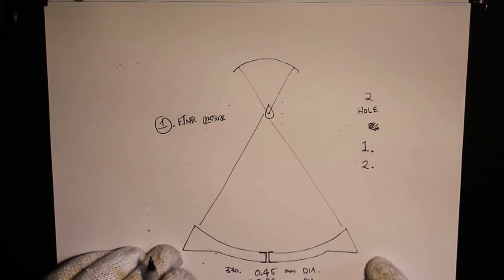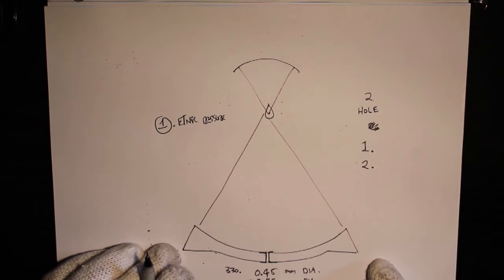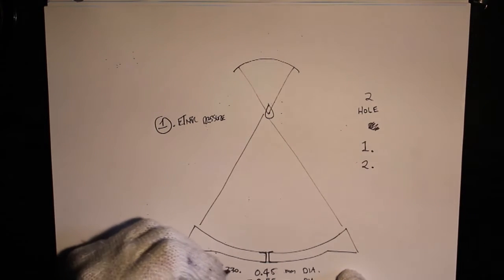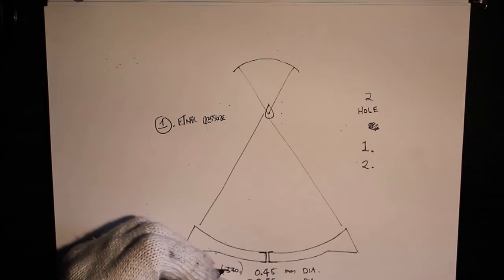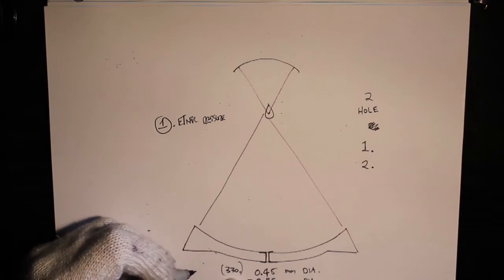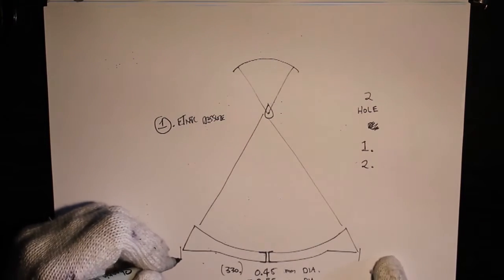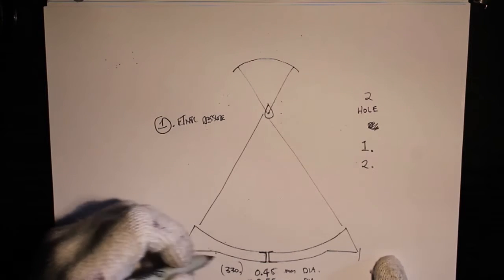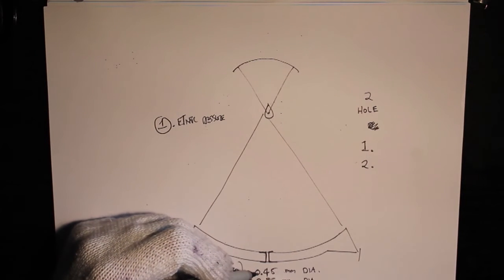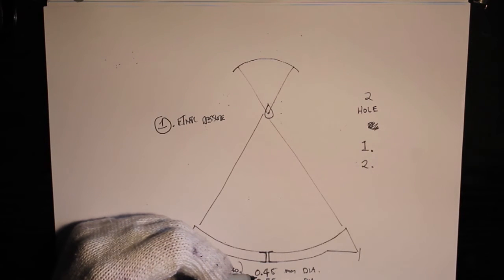So the hole's really small. Keep in mind that at a 330 millimeter diameter base, where the disc will be 165 millimeters in diameter, I think, the optimum working range for the hole is between 0.45 millimeters and 0.85 millimeters in diameter.